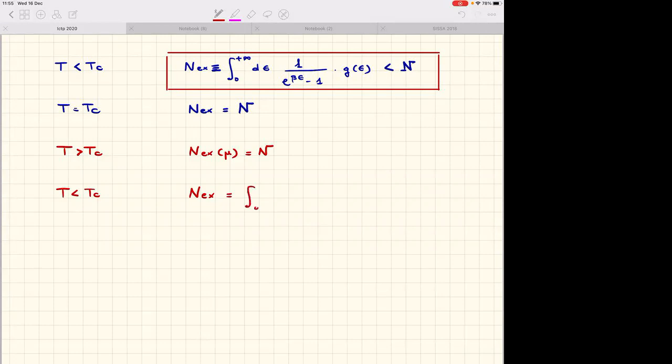So this is the number of particles that are sitting in excited states.